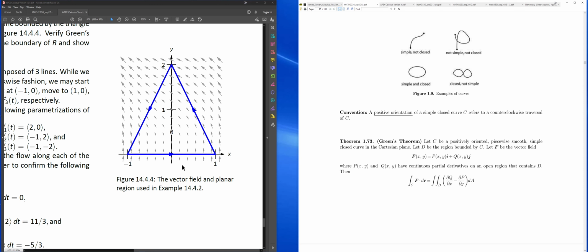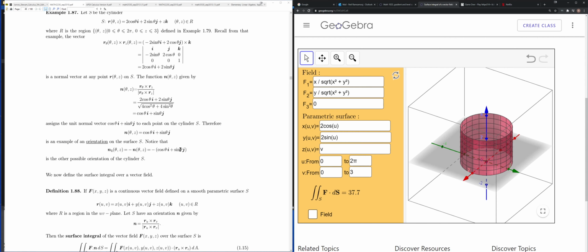Now we want to consider a similar idea, but for surfaces. We want to assign a direction to a surface. If I have a parametric surface, how would I assign a direction or orientation to it?